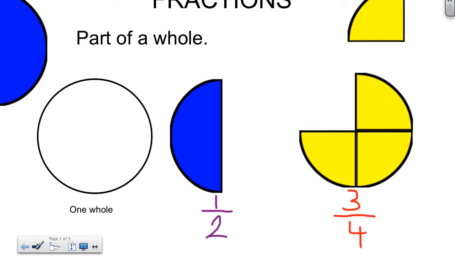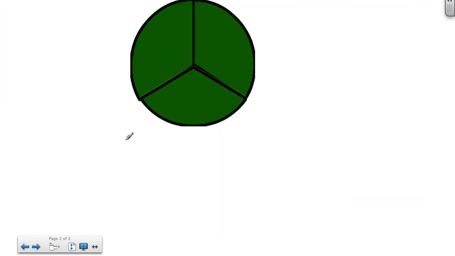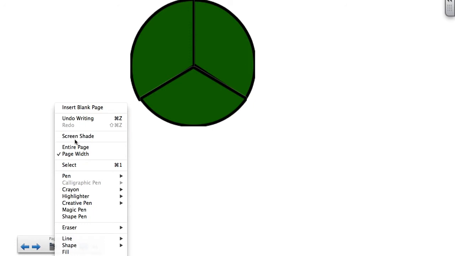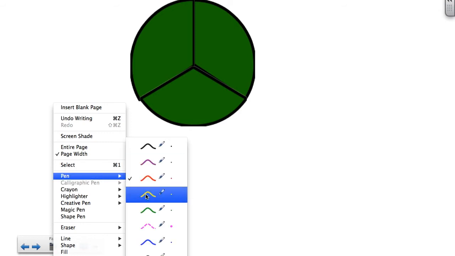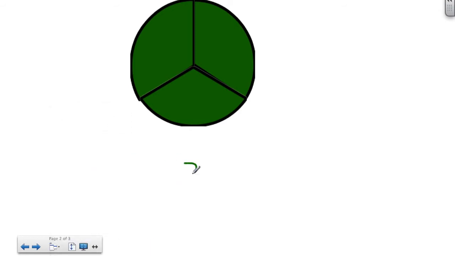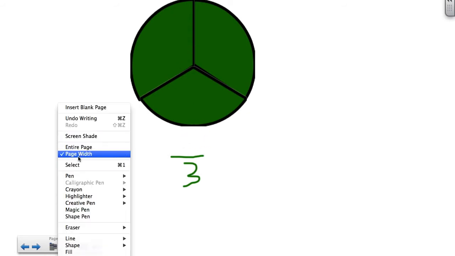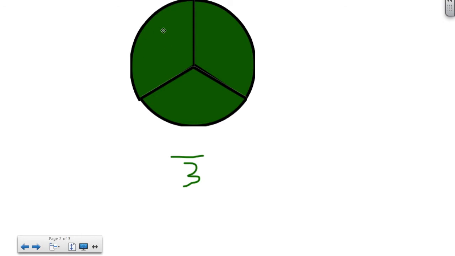Go over to the next page. It gets a little bit more complex. As you can see here, this shape, the circle here, has been broken into 3. So our denominator is 3. Our numerator, which is the top number, will just vary depending on how many sections of that shape that's been divided into 3 we are looking at.